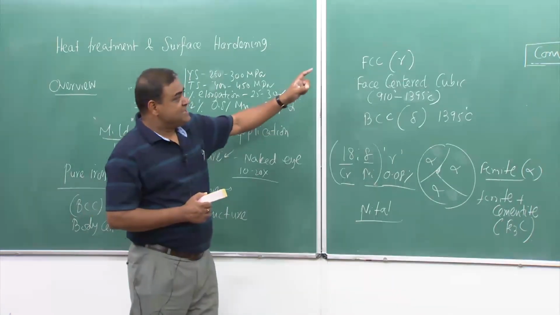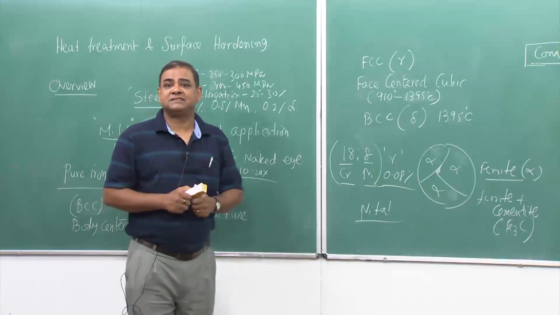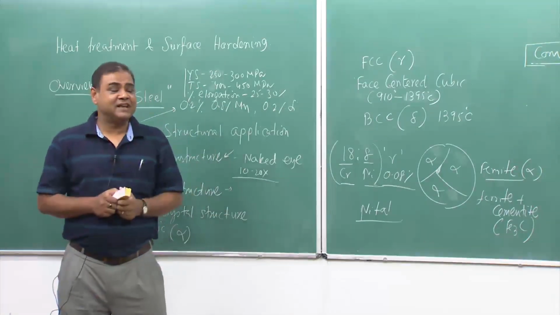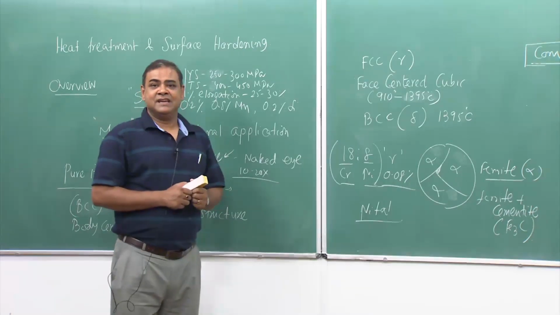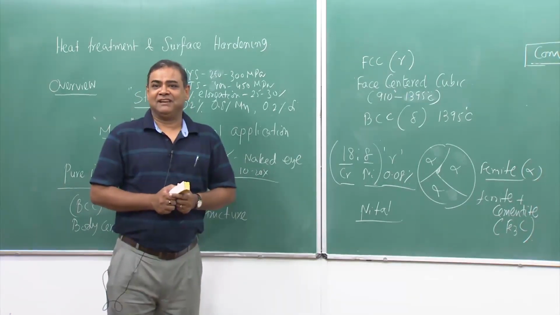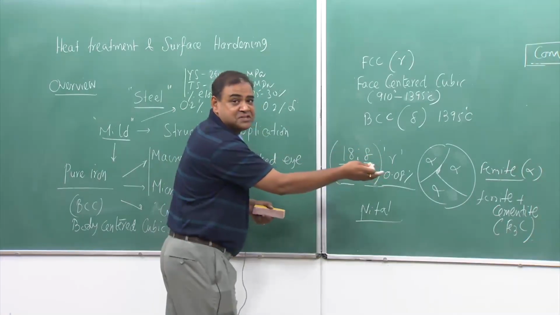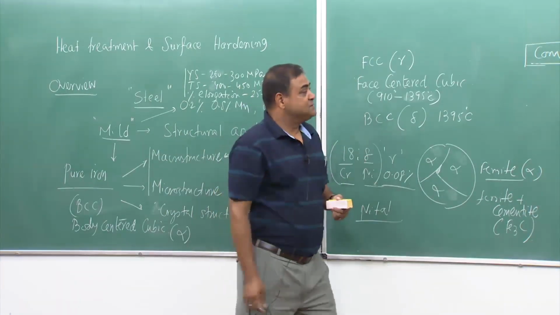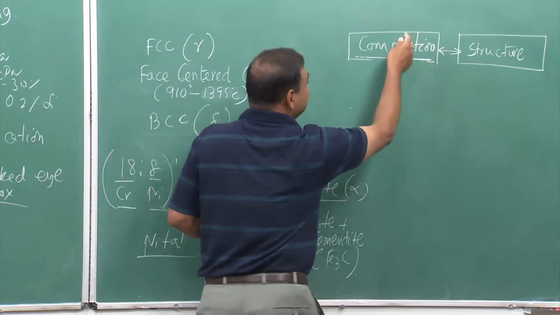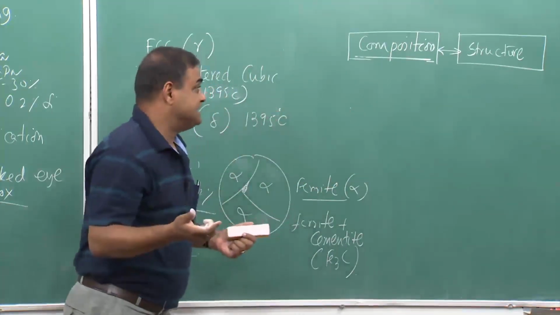So, if composition and structure are interrelated, then we also see the property is interrelated. So, if we change the composition without changing the microstructure, we have a change in properties.